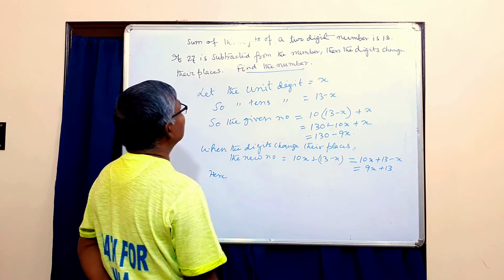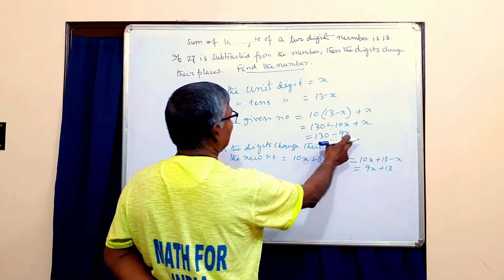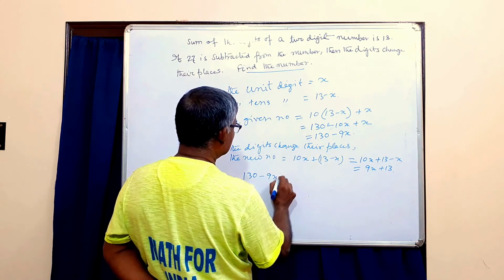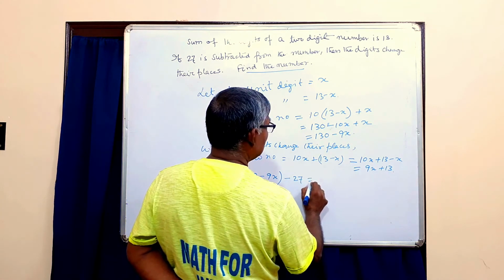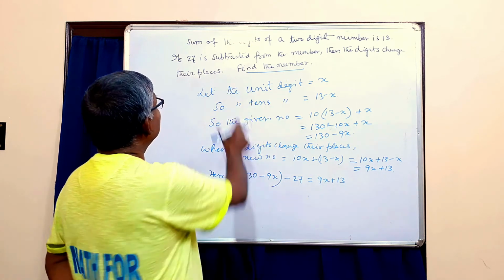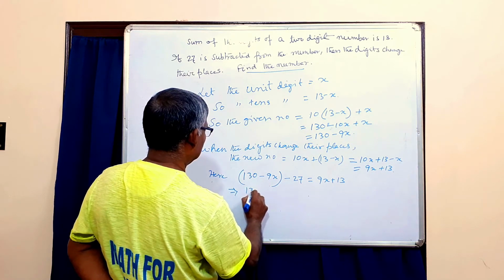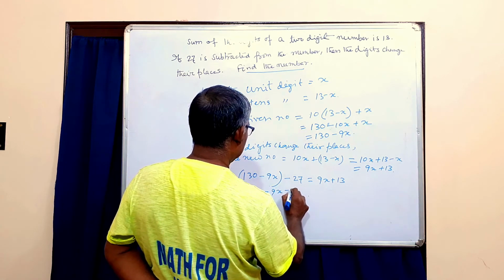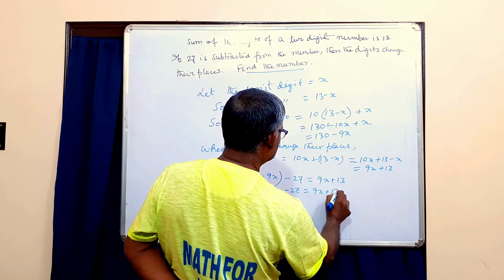Here the given condition is whenever 27 is subtracted from the first number, that is 130 minus 9x minus 27 equals 9x plus 13. It is the given condition.